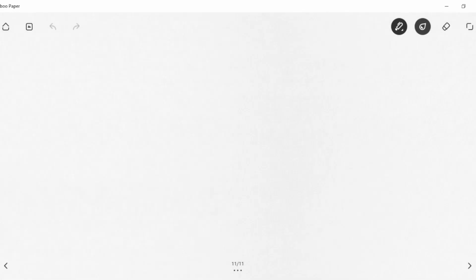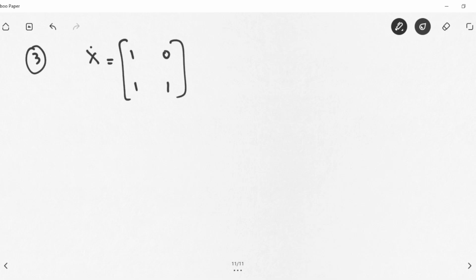So the linearized model of the system is therefore x dot equal to [1 0; 1 1] x, or x dot equal to [minus 1 0; 1 1] x. Fine.